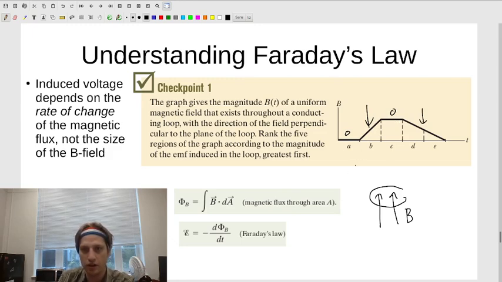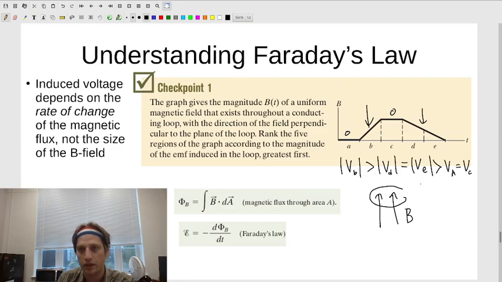And so the voltage induced in B is going to be bigger than the voltage induced in D, which is the same as the voltage induced in E, even though the magnitude of the field is bigger in section D, and that's greater than the voltage in A or the voltage in C, which are both going to have a size of 0 volts.